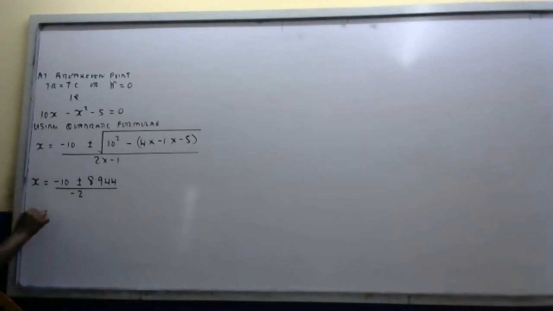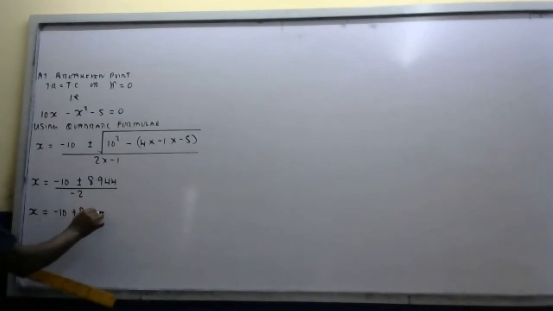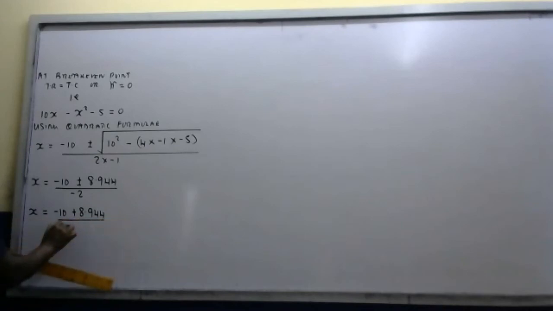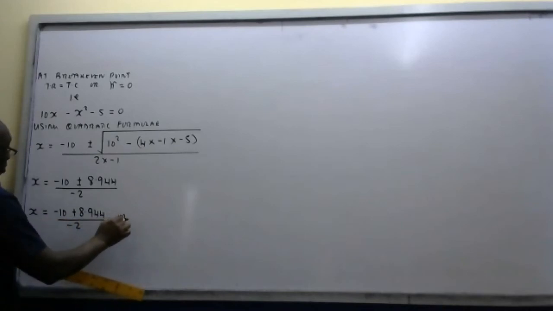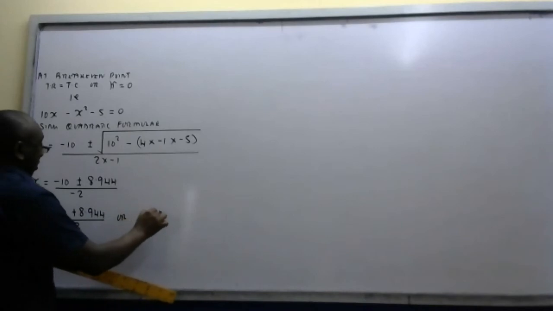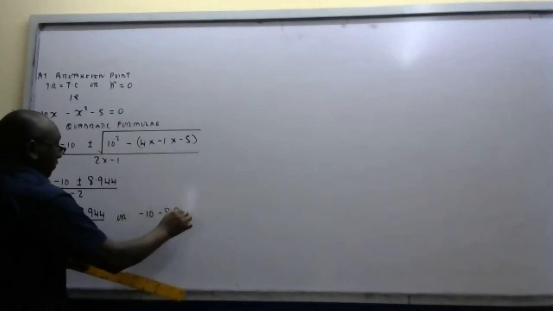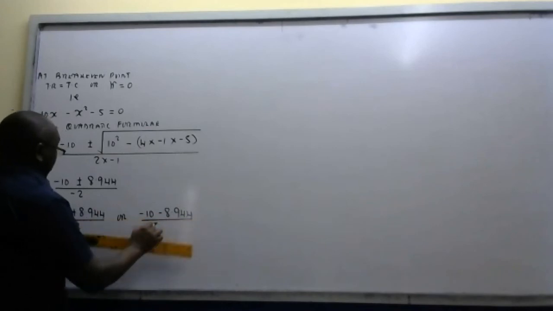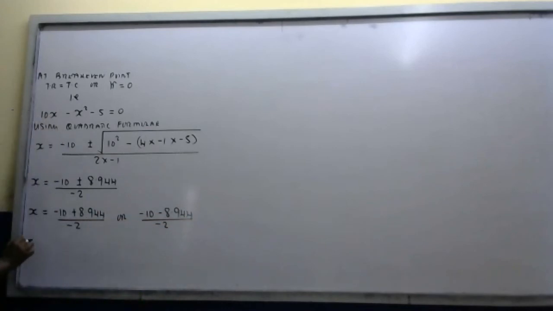So x is minus 10 plus 8.944 divided by minus 2, or minus 10 minus 8.944 divided by minus 2.